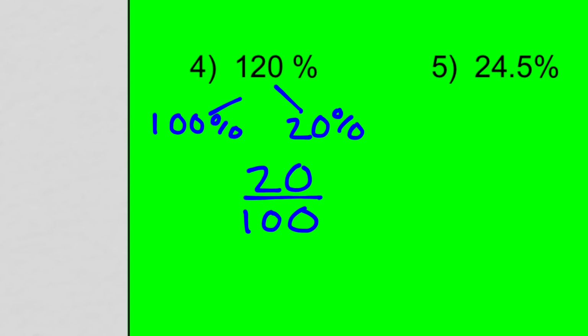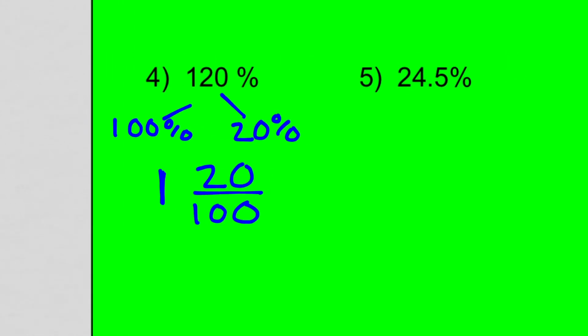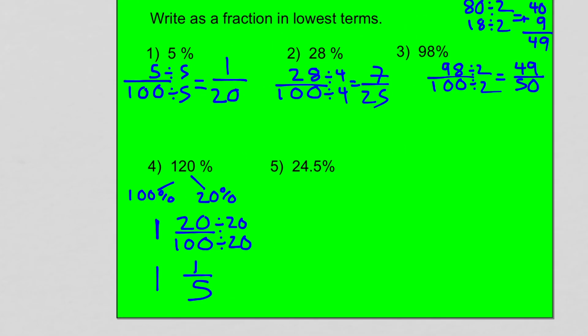So we have a mixed number here. We have one whole and 20 over 100. And then reducing to lowest terms, I can divide the numerator and denominator by 20. And I get 1 and 1 over 5 for my answer. I mean, that's more of a grade 8 kind of question. If the kids are able to do these ones, that's awesome.